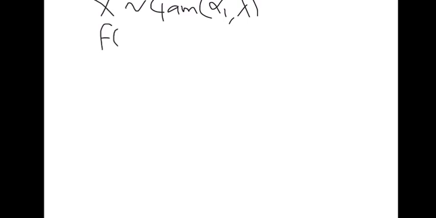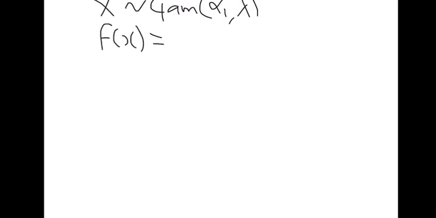We've done up to step 3, right? Where we've already obtained the determinant of the Jacobian. The next thing we're going to do is go back to where we're told that x1 follows gamma with parameters alpha 1, lambda. What is now going to be f of x?